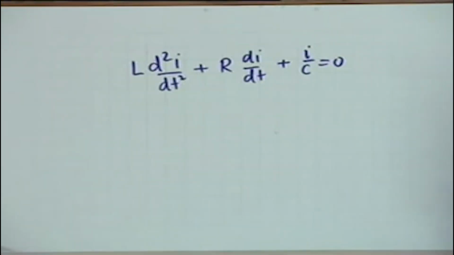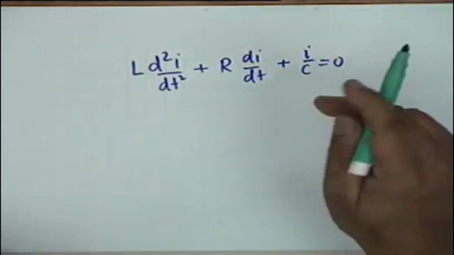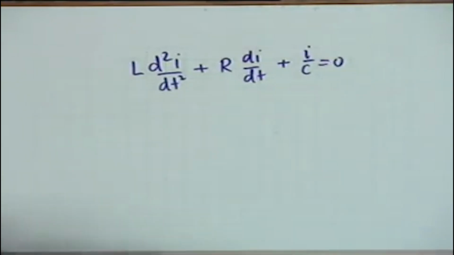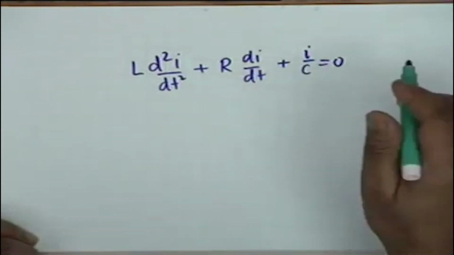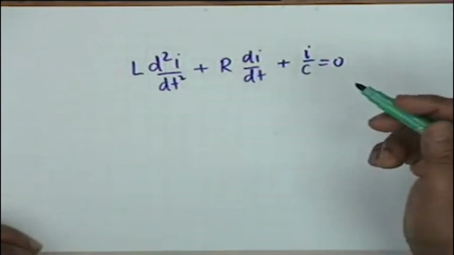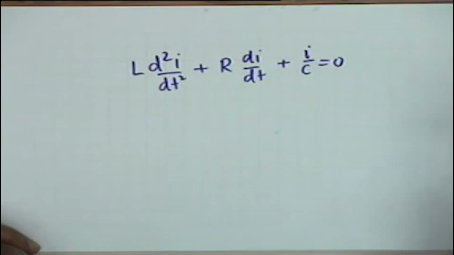Once again we shall proceed from a physical reasoning rather than integrating directly or using an integrating factor as we do in mathematics. We don't want to lose sight of the physical situation.